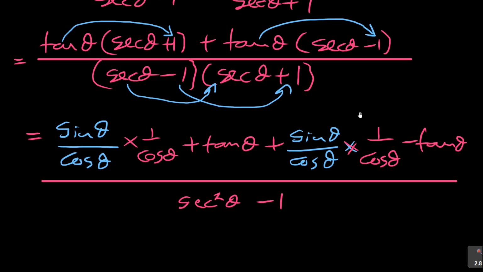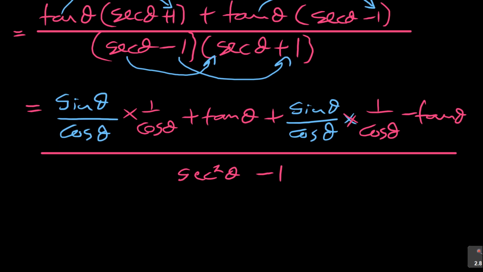Alright, so now if I continue with this, as I said, you can see that plus tan theta minus tan theta, that goes off, and what do I have next is equal to, I think here, maybe I was not supposed to change sine over cos, but let's work on it like that.